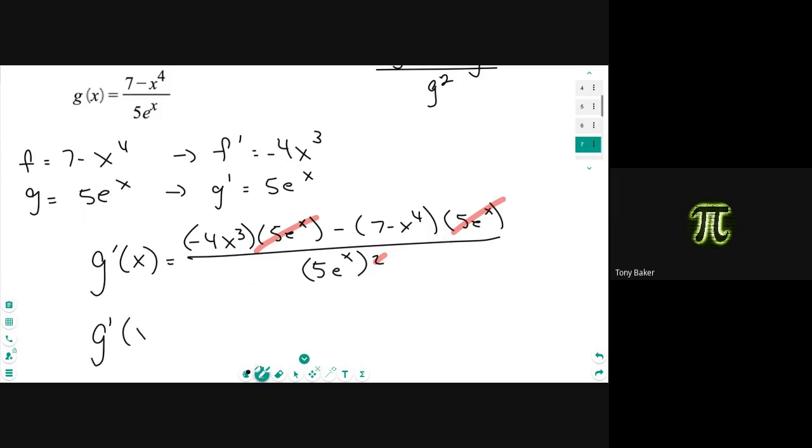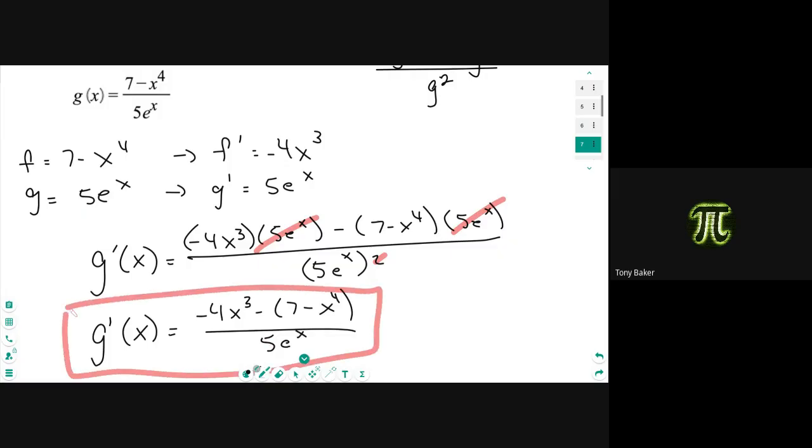So that actually would be the simplified answer. If you don't do it, it's fine. I'm not marking it wrong.